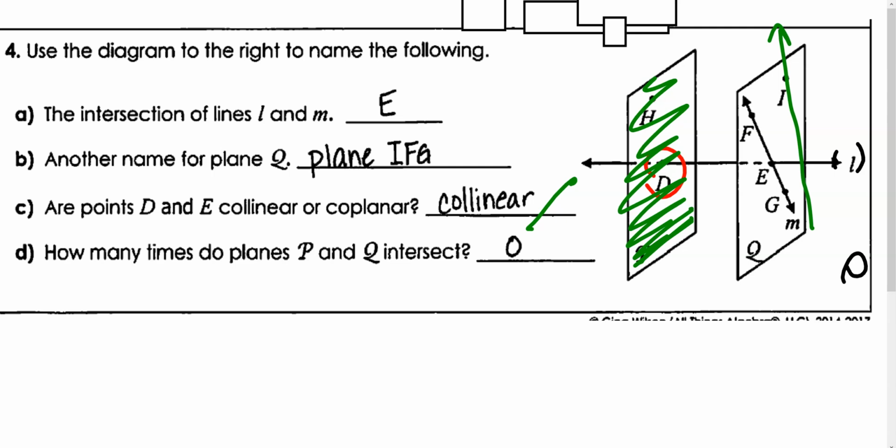If these planes are going on forever, and notice that this keeps going up and up and up, won't it eventually meet our other plane, plane P? The answer is yes. So this is a little bit of a trick question. In our diagram, they don't meet. But in theory, unless we know they're parallel, we would say they do meet.